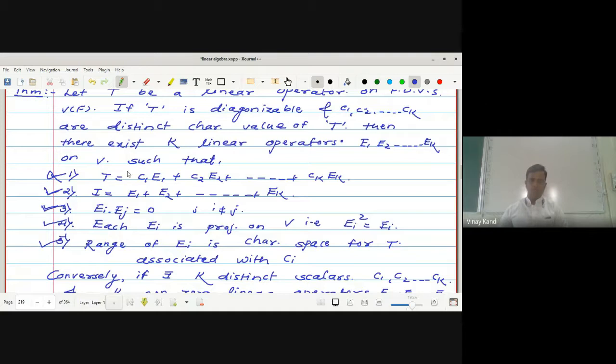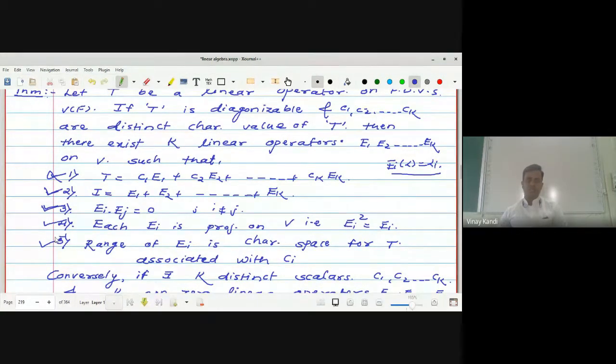By assuming T is diagonalizable and C1, C2 up to Ck are the distinct characteristic values of T, we know that E1, E2 up to Ek are linear operators on V, where Ei of alpha is equal to alpha i. We know that they exist, so there is no need to prove it again.